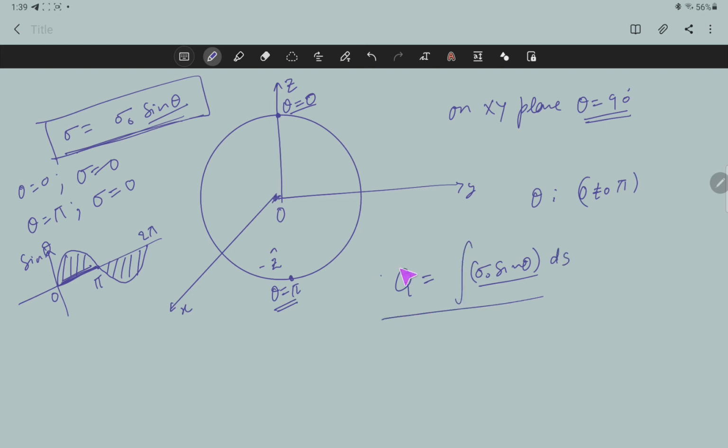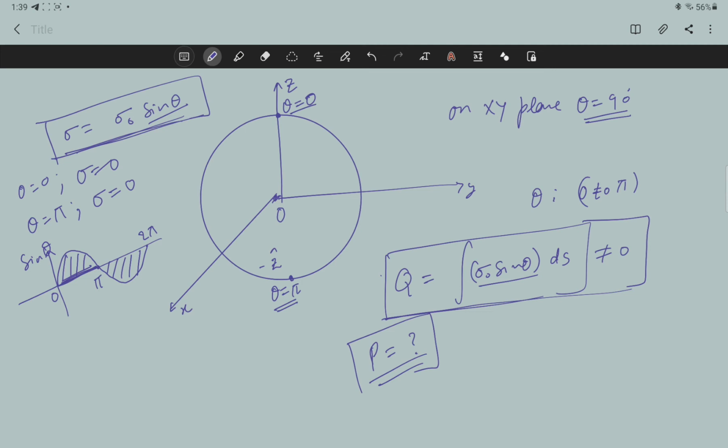This will not be equal to 0, because there is only positive charge distribution, and no negative charge distribution to cancel it. If the total charge is not 0, then the dipole moment you calculate will not be the same in any coordinate system. It can be 0 at a particular origin, and if you shift your origin, the dipole moment will change.